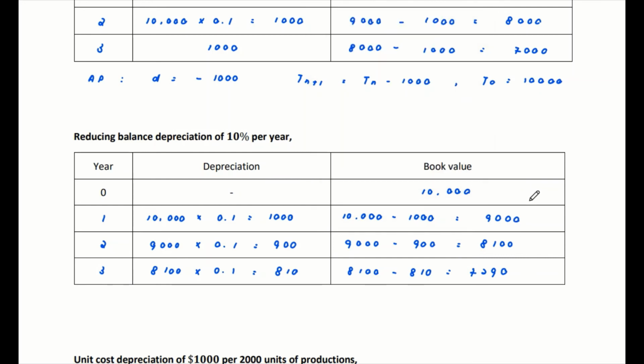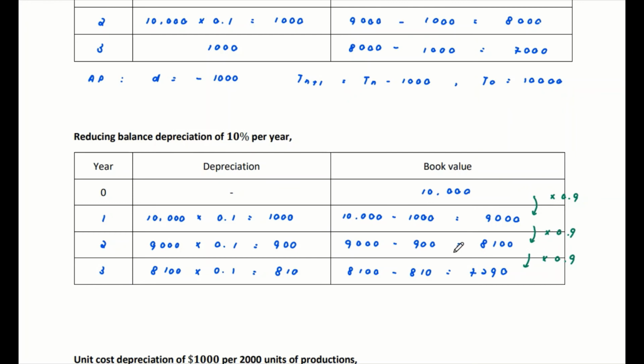How are you getting all these values? You multiply by 0.9, because the depreciation removed 10%, so the value remaining is 90%. So it's actually 90% of the previous book value. 8,100 is also 90% of the previous book value, and so on for the next one.